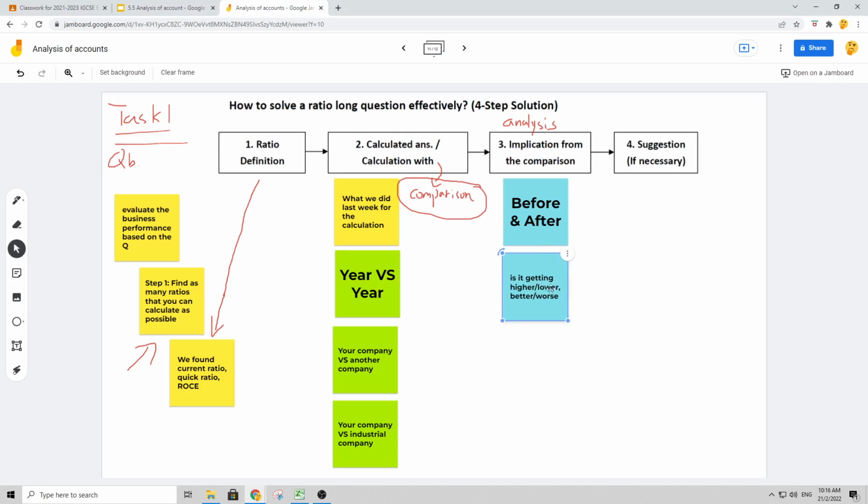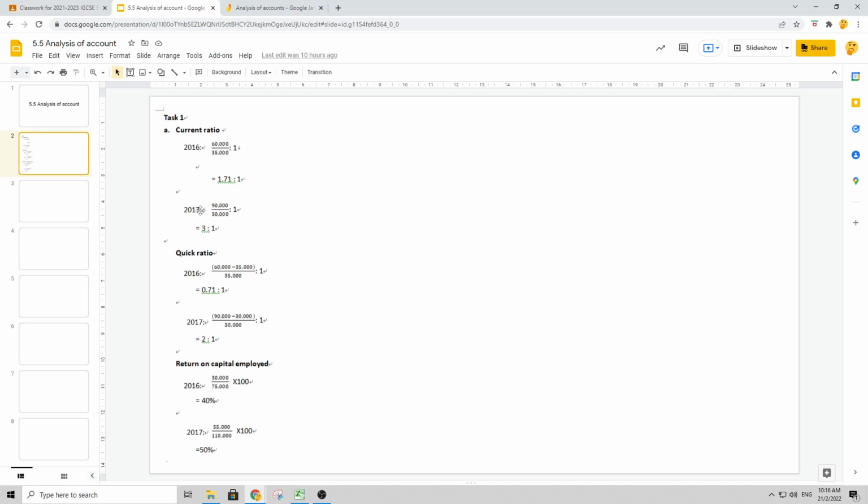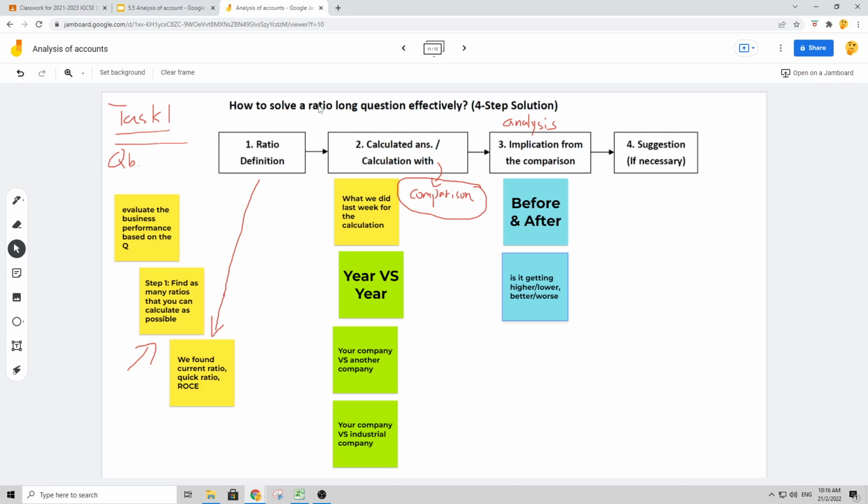Is it getting higher, lower? Let's say you're trying to compare year by year. When you go from 2016 to 17, is it getting higher or lower? What does it mean? Is it getting better or worse? And also you may want to make implication.